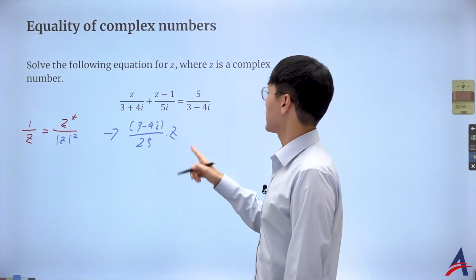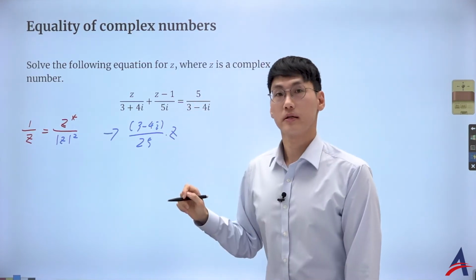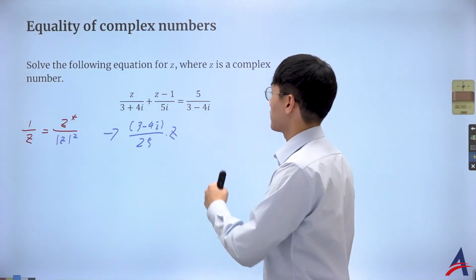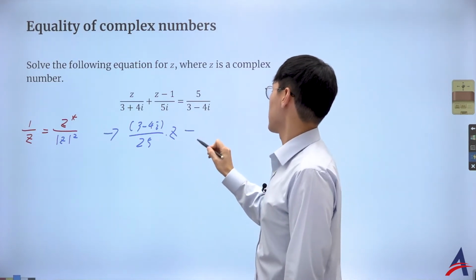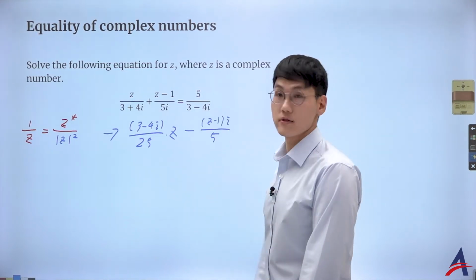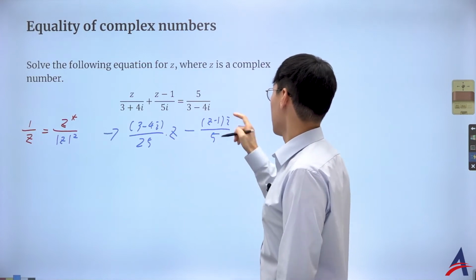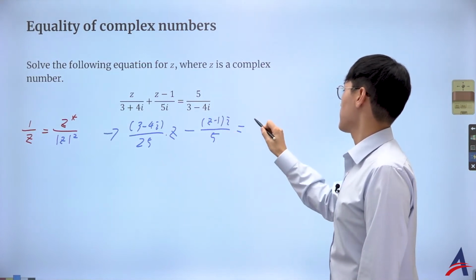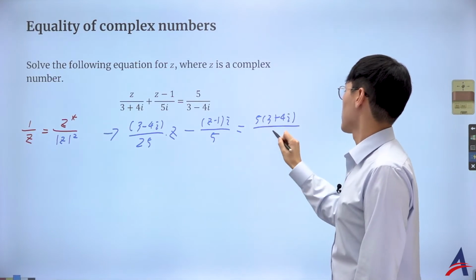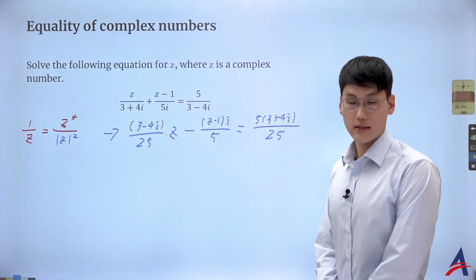So for the second form, I'm going to just multiply by i, right? I don't have to necessarily multiply by the negative i for the conjugate for that matter. So it's going to be negative z minus 1i over 5. That is great. And on the right-hand side, if you multiply by the conjugate, that's going to be 5 times 3 plus 4i over 25. Okay, that is great.